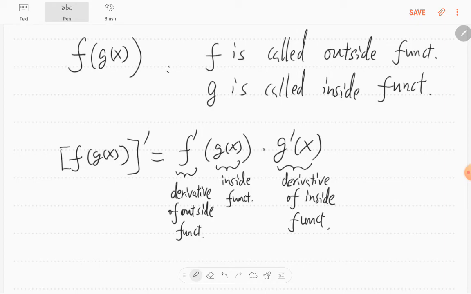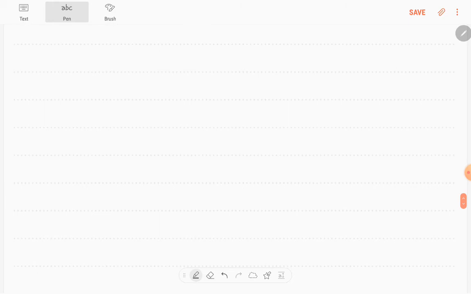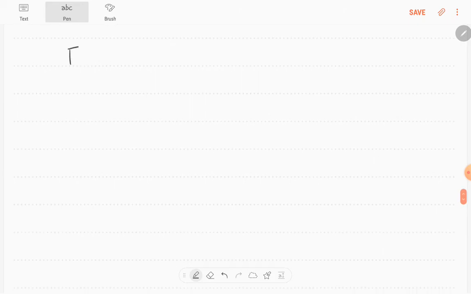So the question is how to identify, for a composite function, what is the outside function and what is the inside function. Here is a quick way. For example, we still look at this problem, capital F equals the square root of 5x minus 8.